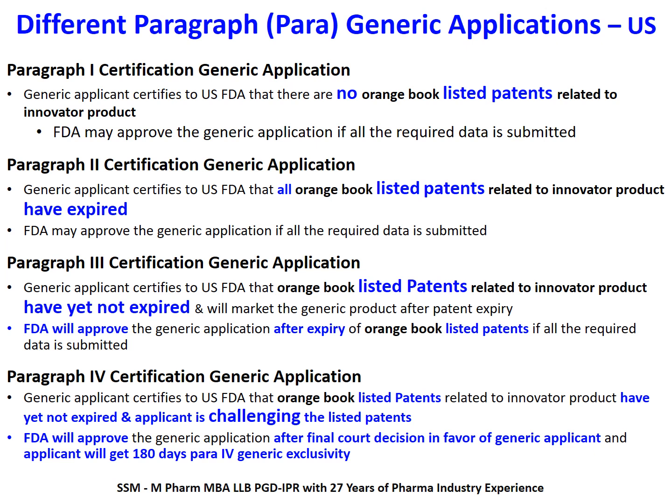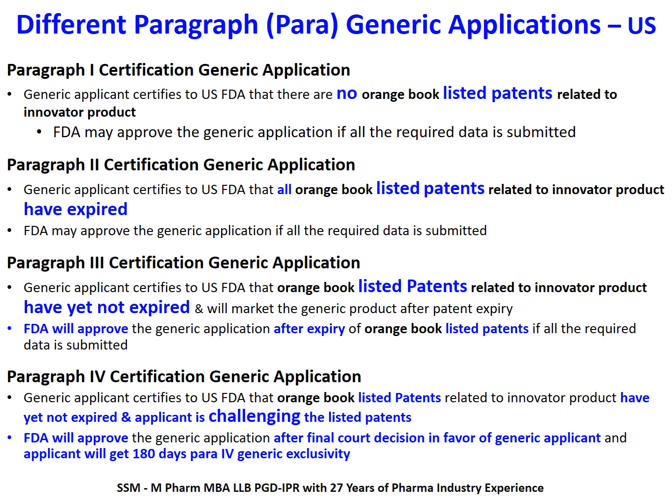So the generic Para 4 applicant will have a monopoly for 180 days, and will earn huge money during this 6 month exclusivity, because only one generic and the brand product will be available in the market. Generally the generic product is priced slightly less than the innovator product.